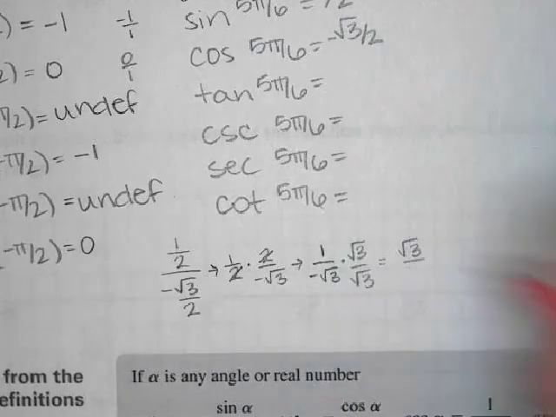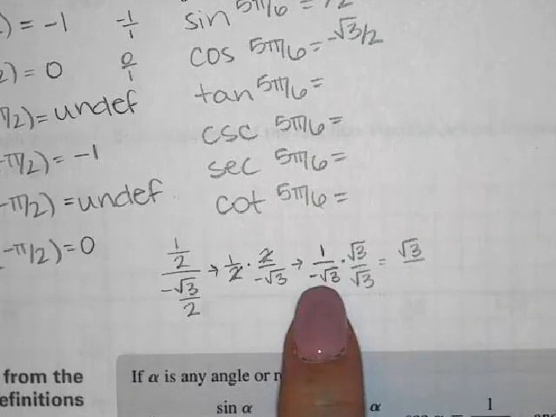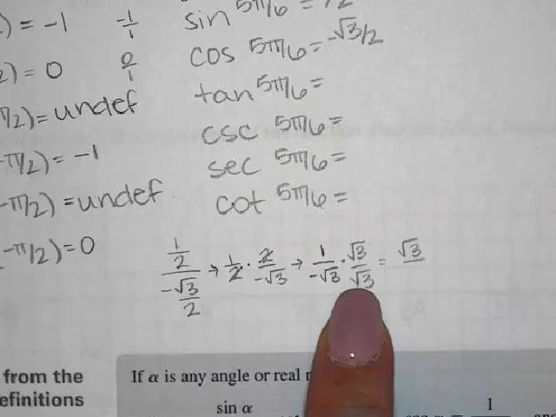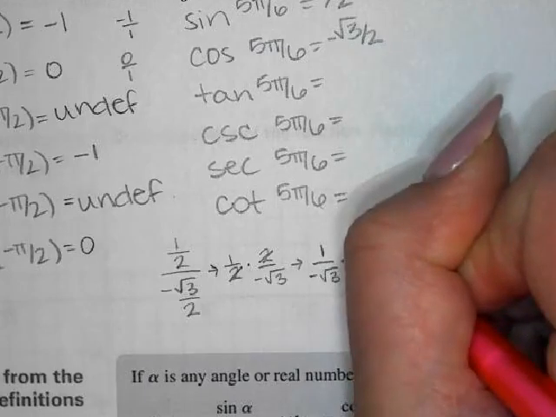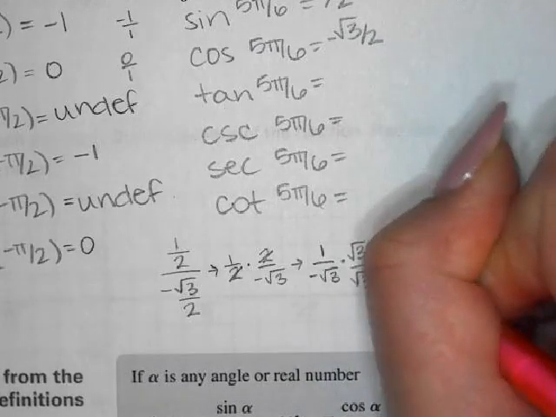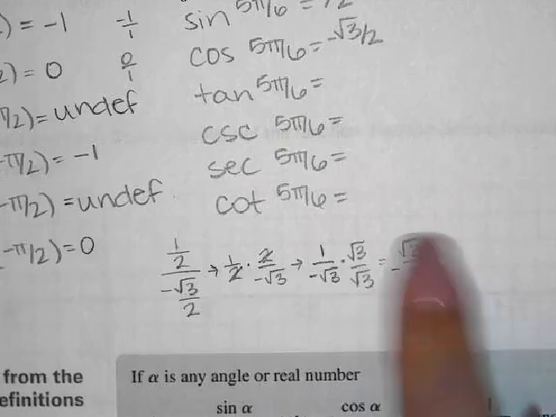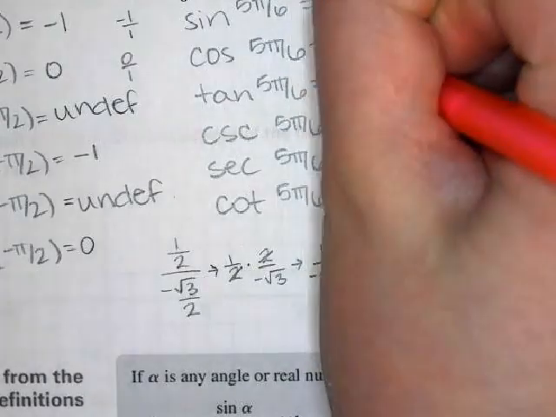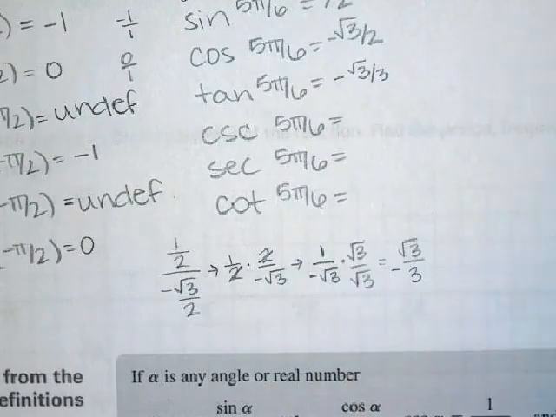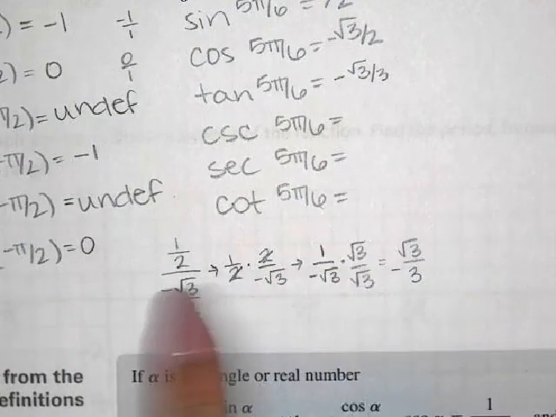And on the bottom, I have √3 times √3, which is 3, or you can think of it as √9. So I've got a negative, and the square root of 9 is 3. Okay, so this is what it simplifies to become. -√3 over 3.